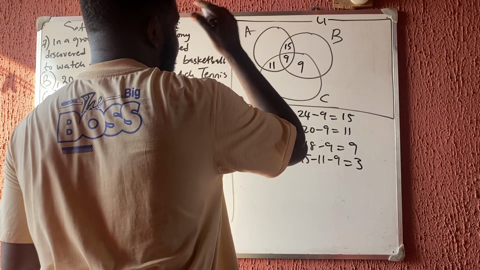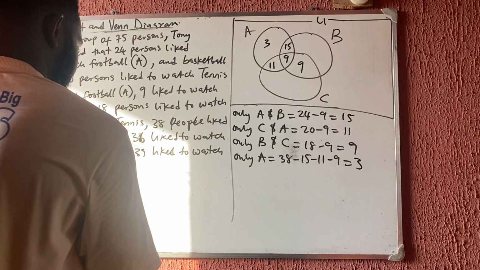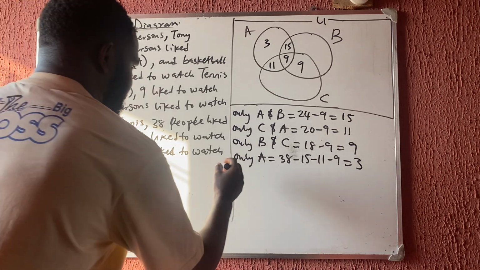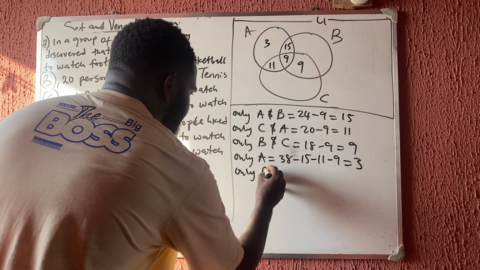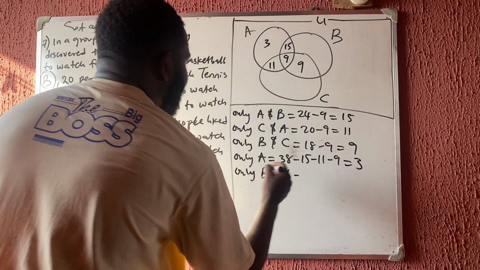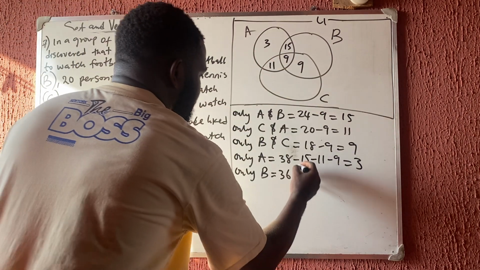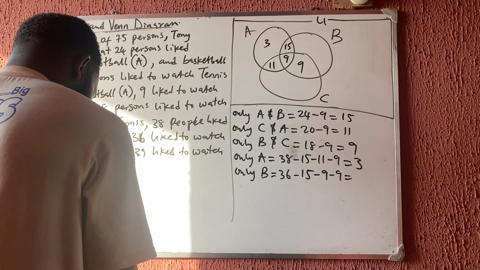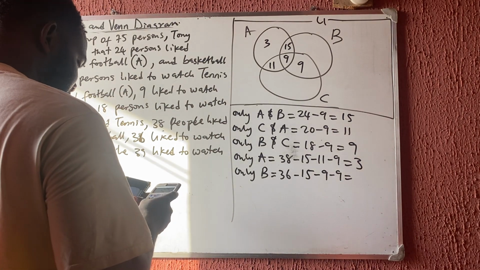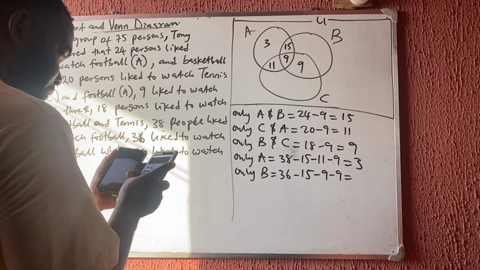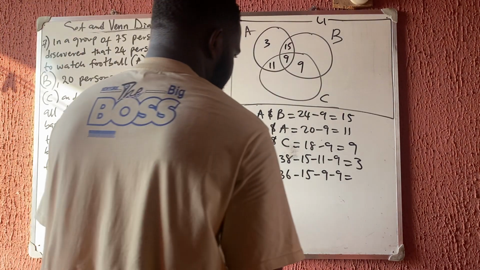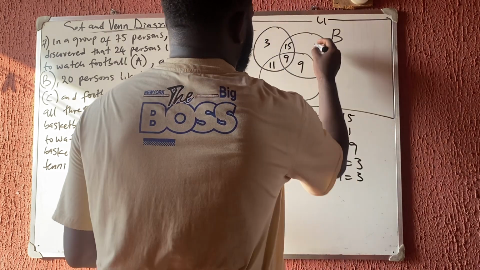So only 3 people like A. So let's go to B. 36 like to watch basketball, and basketball is B. So only B will now be what? 36 minus everything that entered inside of B. So minus 15, minus 9, minus another 9. So I'll say 36 minus 15 minus 18. So I have 3 again. So here will be 3.